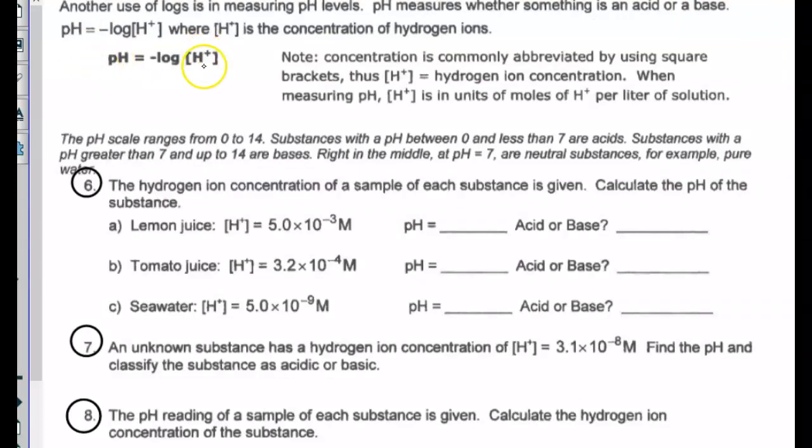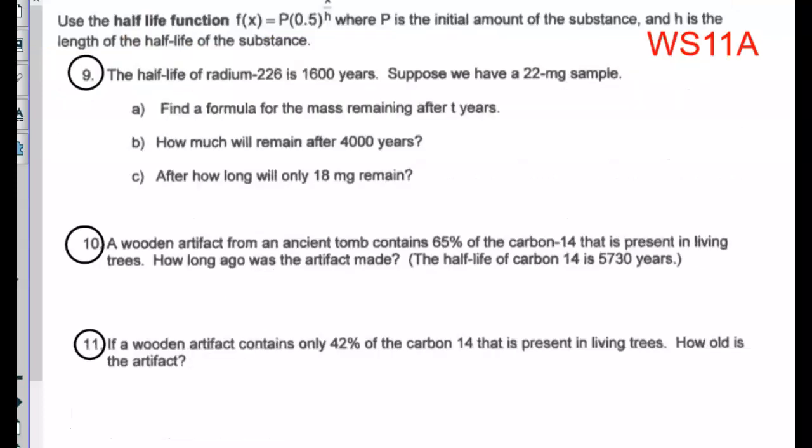All right. So you need to work on these. There is a formula here you will need to use for these pH questions. And there's half-life questions back here. I'm going to super fast set up number 10 right here. It says if you have an artifact that contains 65% of what was present when it started, so it's down to 0.65 starting from 100%.